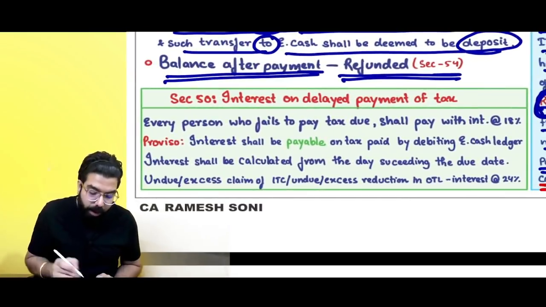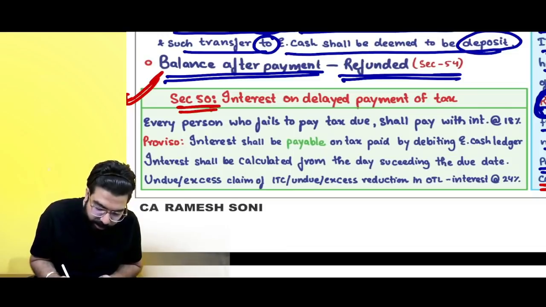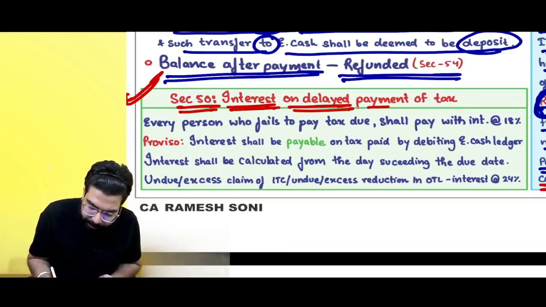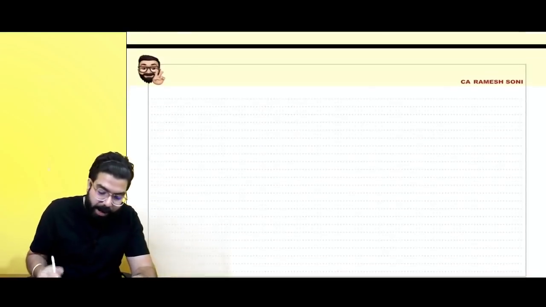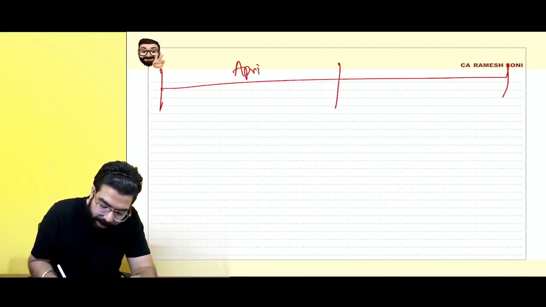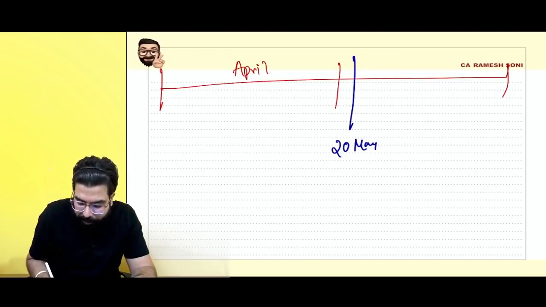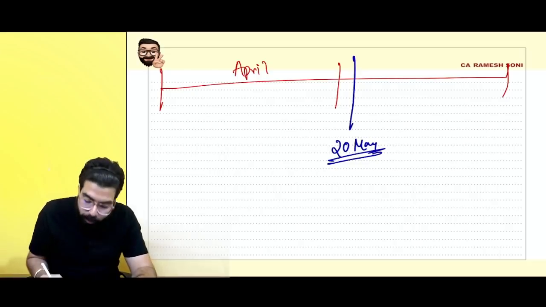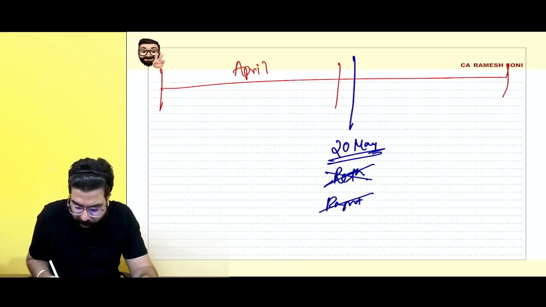Now, the next one we have over here is section number 50. Section number 50 talks about interest on delayed payment of tax. What is it telling? Ramesh, listen to me very carefully, everyone. For example, I had to file my return for the month of April. April month return, I had to file by 20th of May. Now, 20th May, I did not file my return, and hence payment of tax also I did not do.